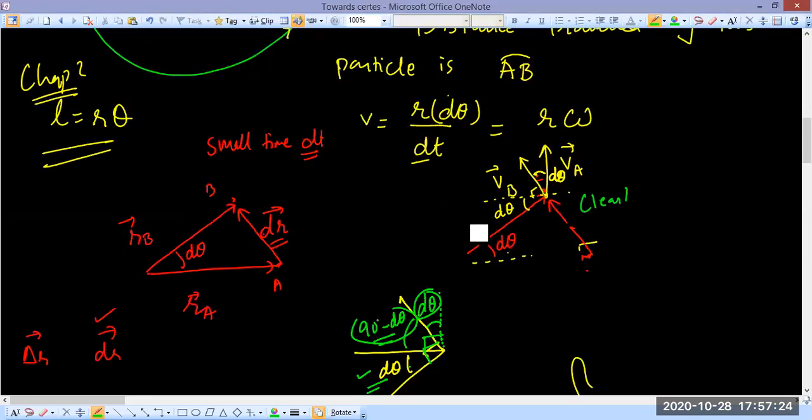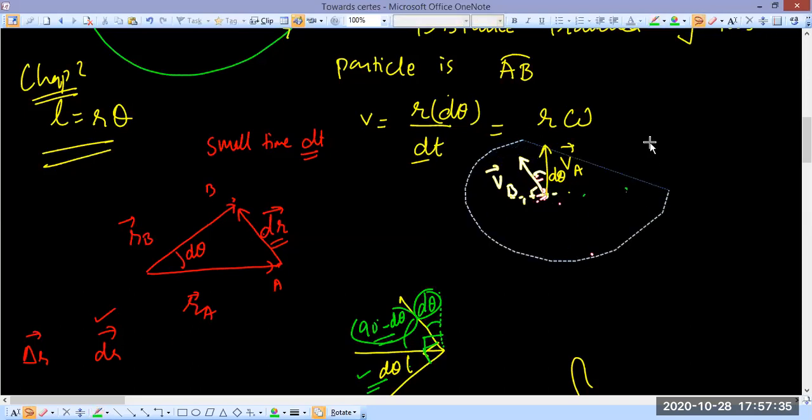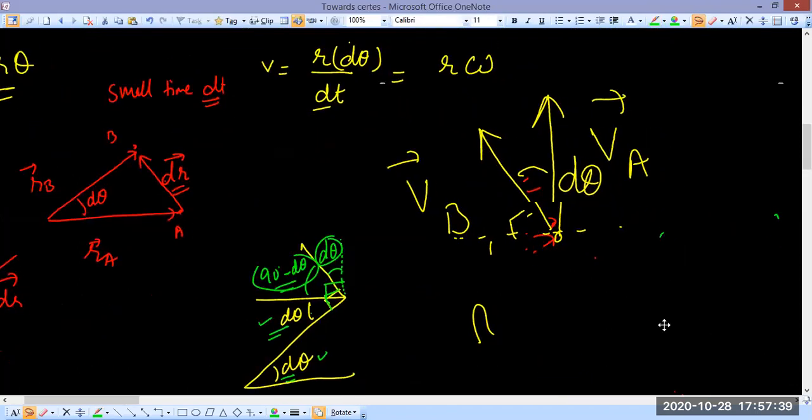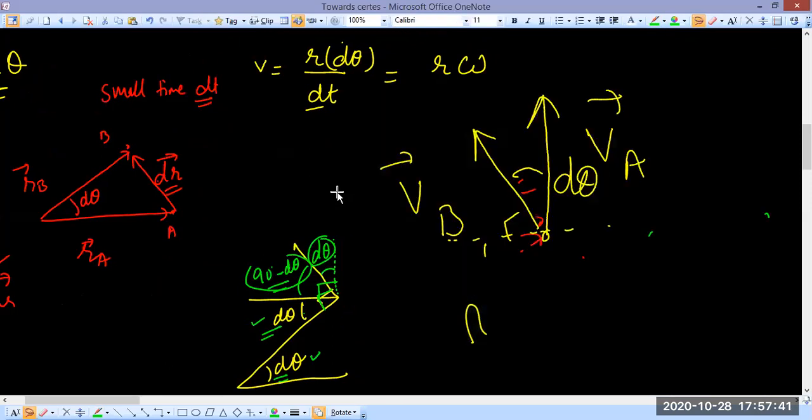અને હવે આને ભૂસી નાખી, આ બધું થઈ ગયું. ચલો. So finally what we have got is that the angle between VA and VB, okay, the angle between VA and VB is also d theta.